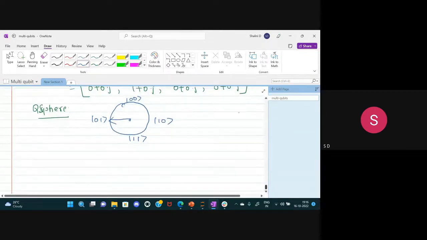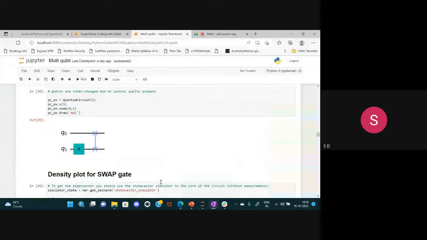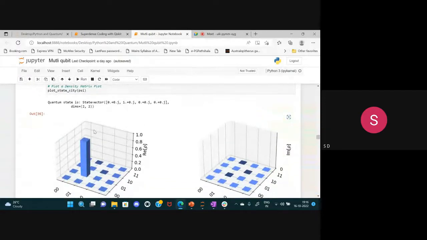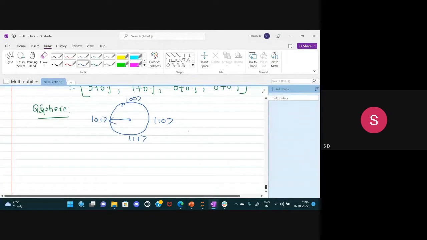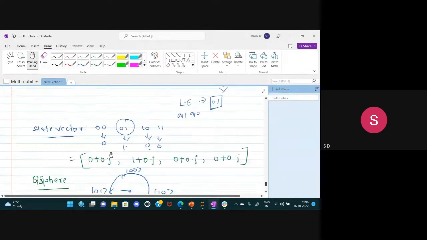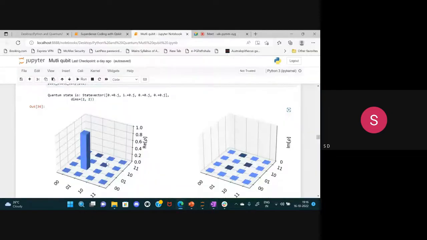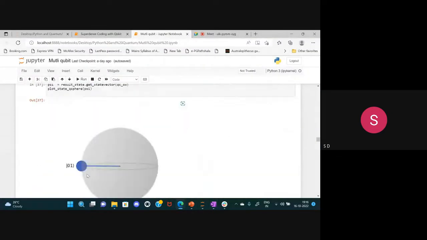It is reversible, so there's no use of solving the unitary operator. You can see what we got is 1, and what we solved here is also 1, and you can verify that in the Q sphere, it is 0 1 only.